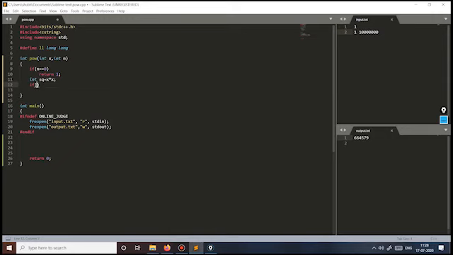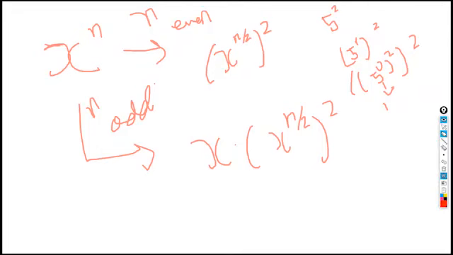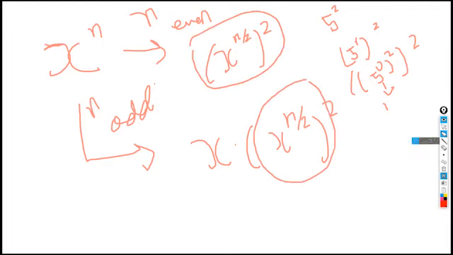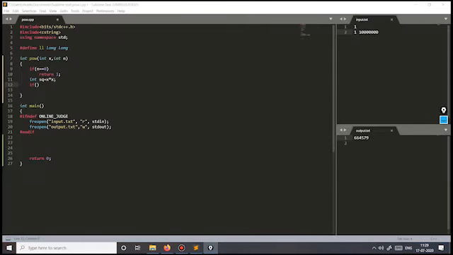What was happening over here is that, see, if n by 2 is even, then you do not need to multiply anything over here, rather we just do the square of it and then again a square. But if n is odd, then we have to multiply x over here. This is the square part that I calculated. Now I just need to multiply this part. All right, well actually it's not calculated, but we are doing that in a recursive function.